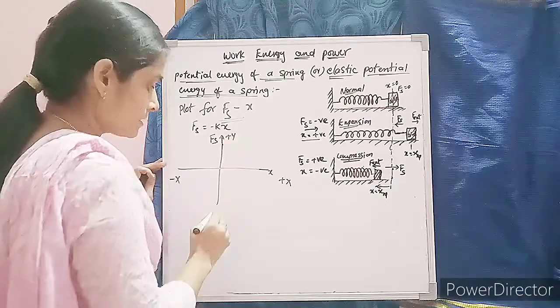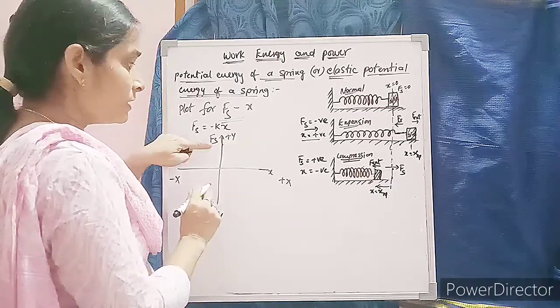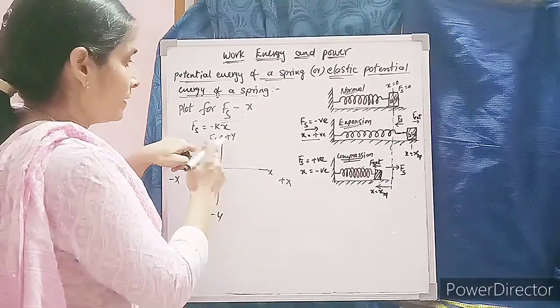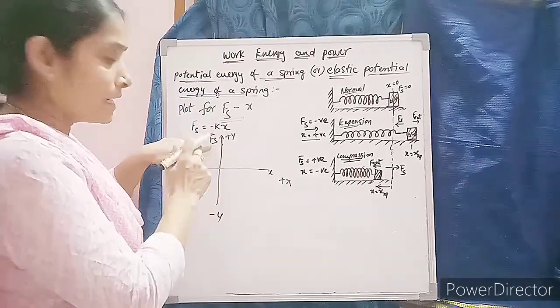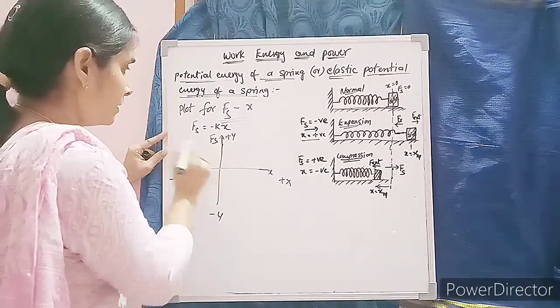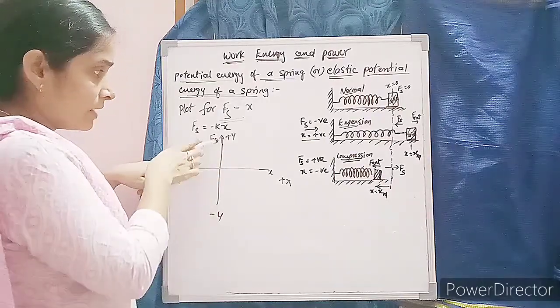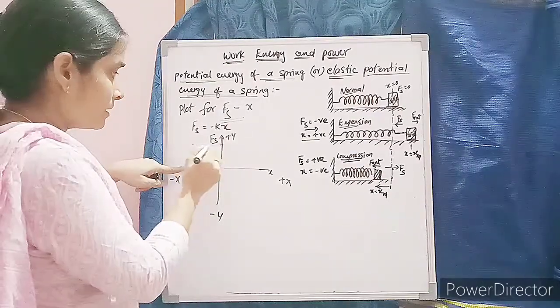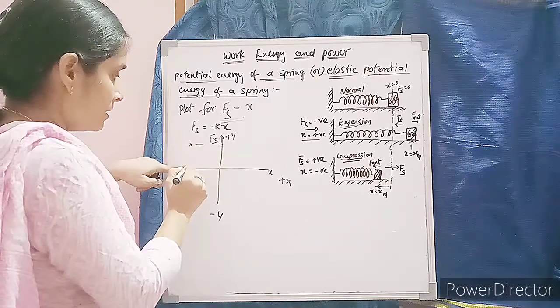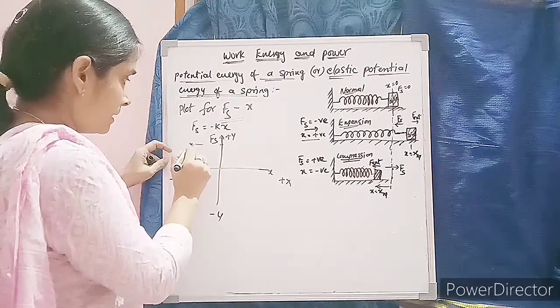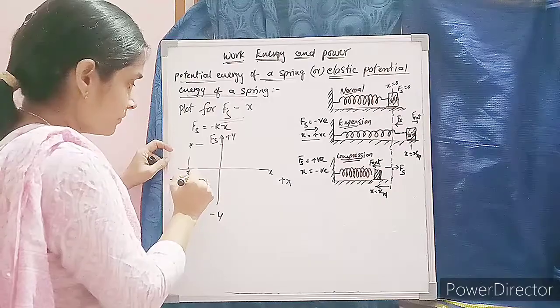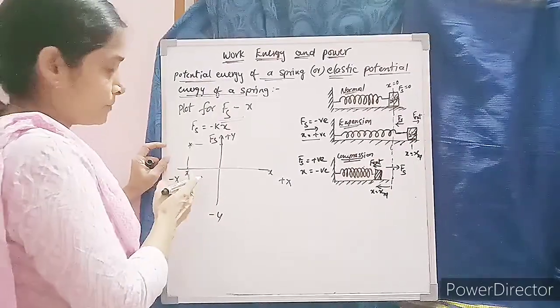This is the positive y-axis and this is the negative y-axis. If Fs is positive, the displacement is negative. Let Fs be somewhere here and xm somewhere here, where xm is the maximum displacement of the block.